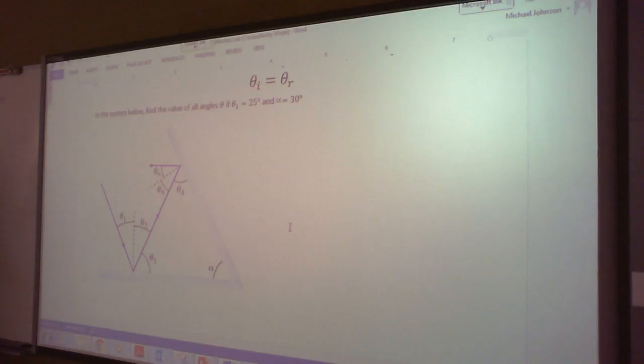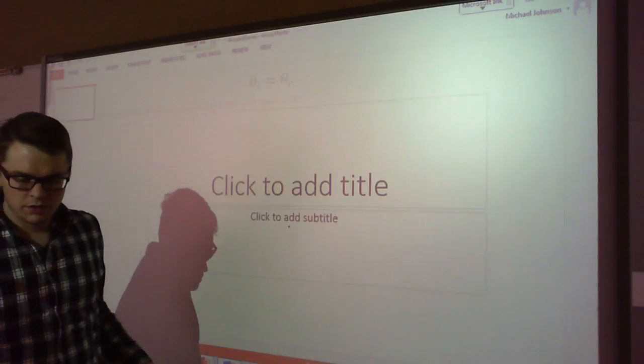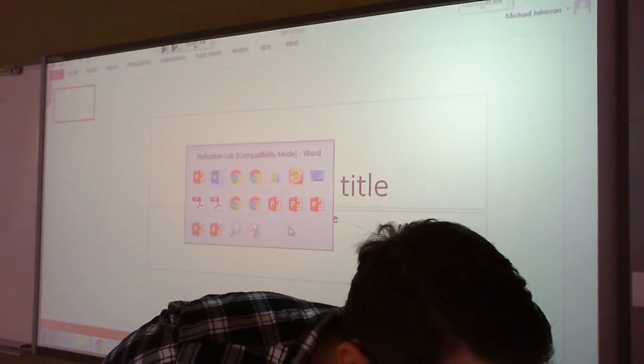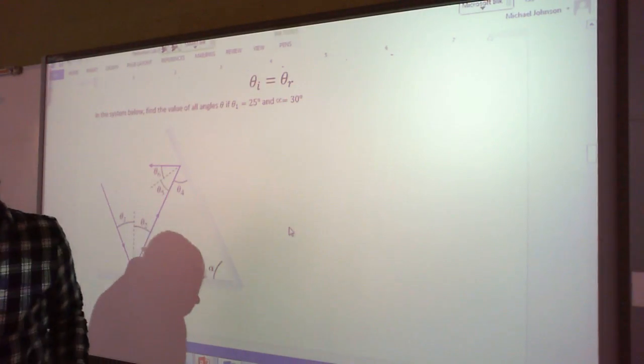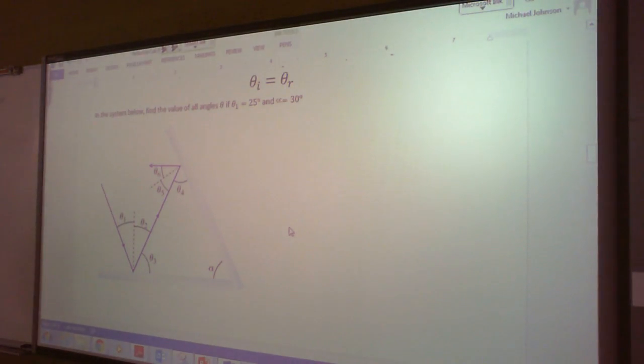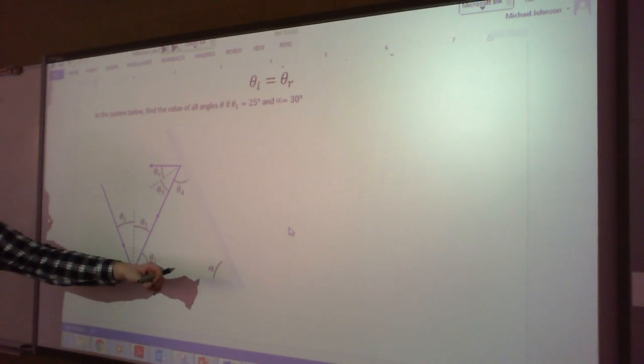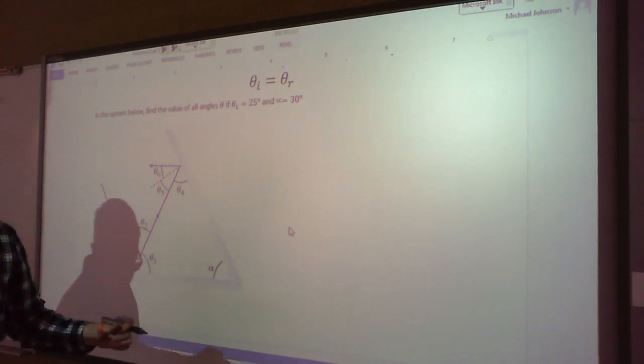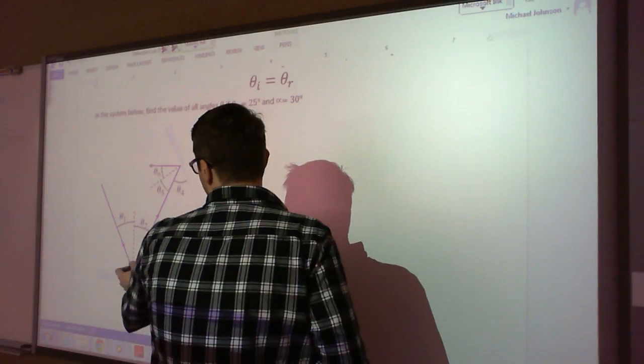And then how are we going to figure out theta 4? Did you figure out theta 4? What did you use? 180 minus alpha minus theta 3. So you use the principle that all three of these angles add up to equal 180, because we have a triangle here.